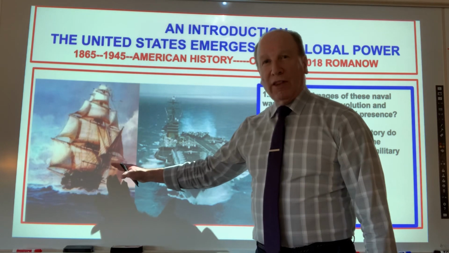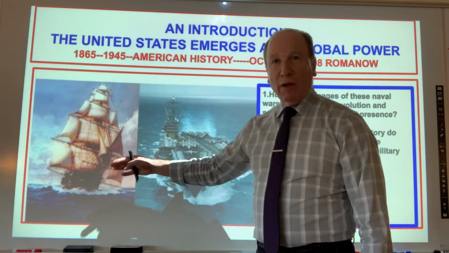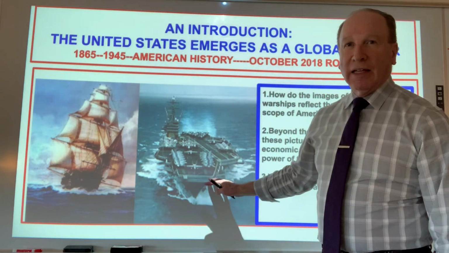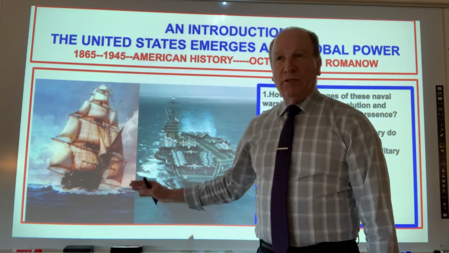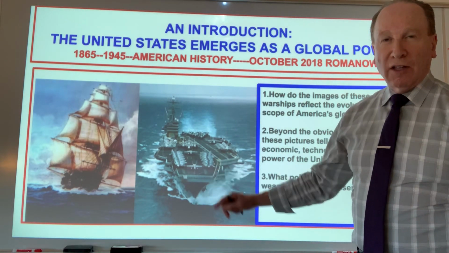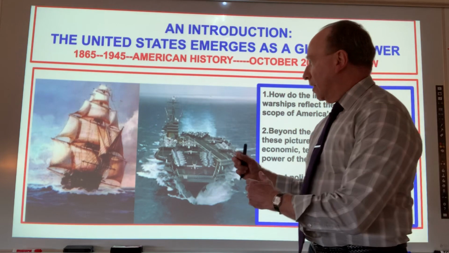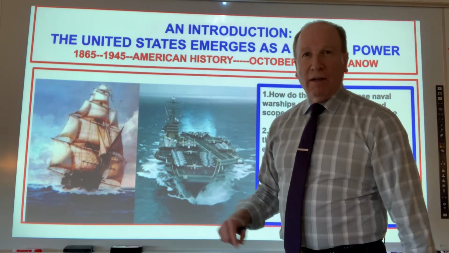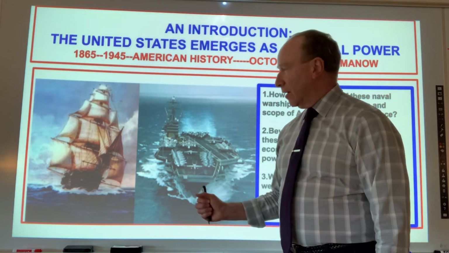How does this reflect the evolution of the United States from a regional power, a Western Hemisphere power, to a massive technologically advanced global power, and what we had to amass in order to do that, such as an educational system, science, technology, a large industrial base, and of course, the economics and the money it took to build something as massive of a military power as we have done.